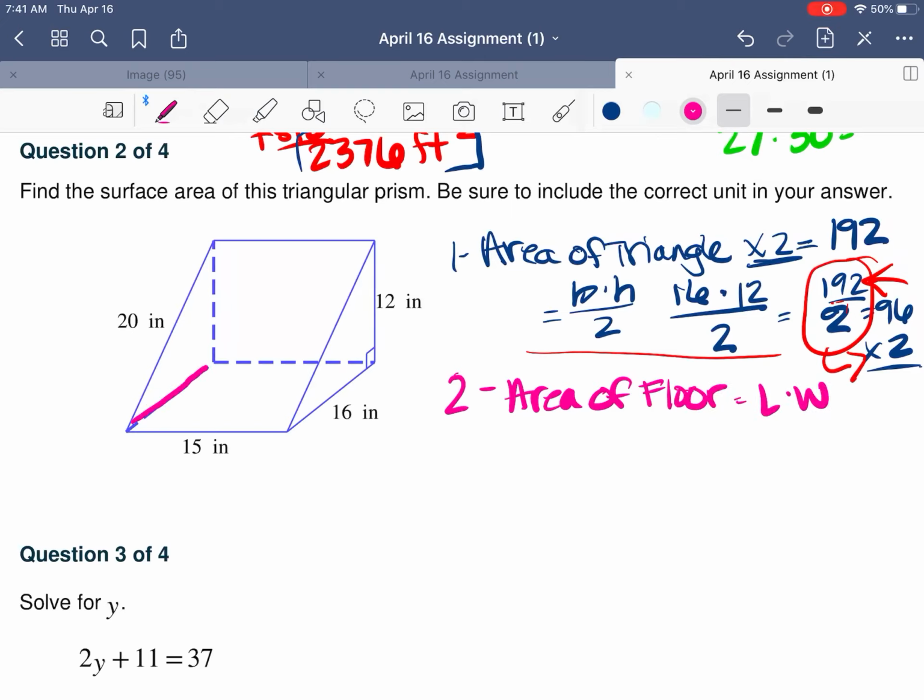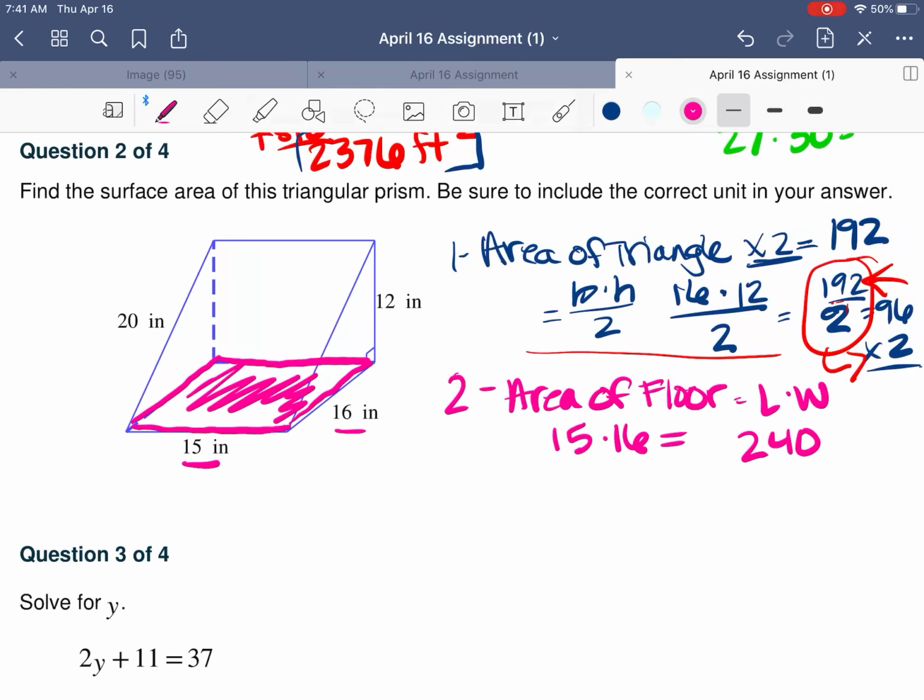And so the floor in this one is right here. That's the floor. And so we can see it's 2 measurements, so it's 15 times 16. And there's only one floor, so I don't have to times it by 2 or anything. And so let's see, so 15 times 16 equals 240. So that is what my area of the floor will be, and that's my second step.